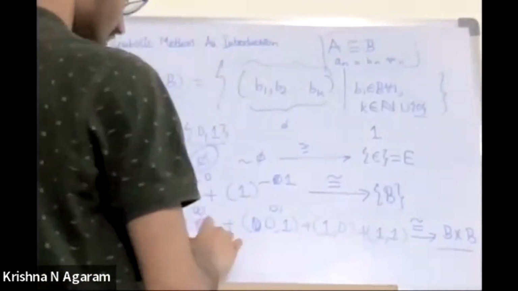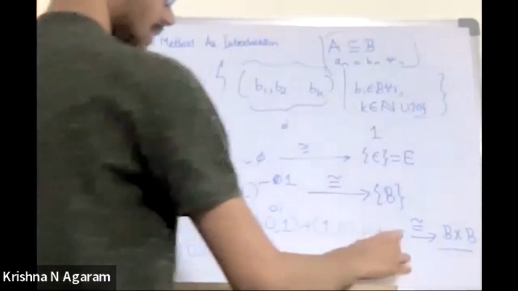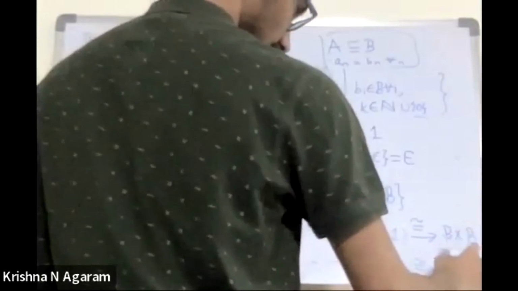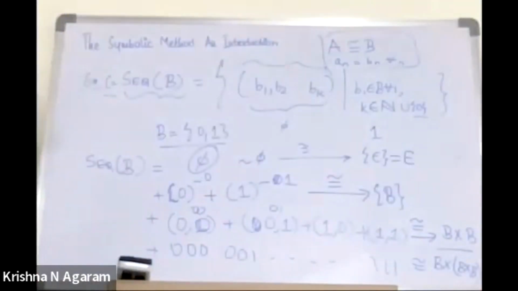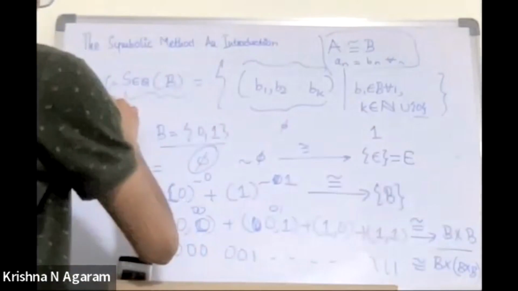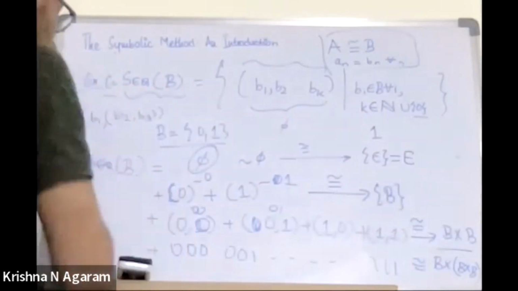Okay, cool. Now you have this 0, 0, 0. I won't bother writing the parentheses. You have all these till 1, 1, 1. This is isomorphic to B cross B cross B. You see that? Right? Because B cross B is like B1, B2, B3.